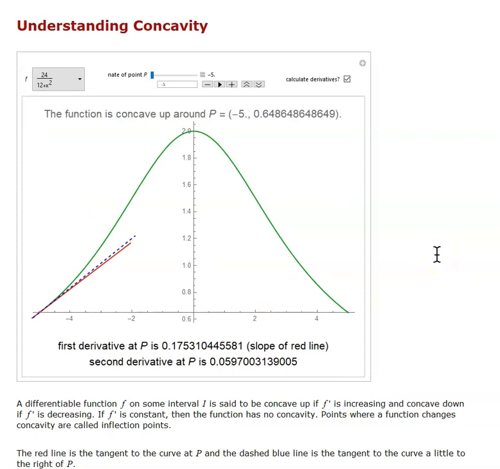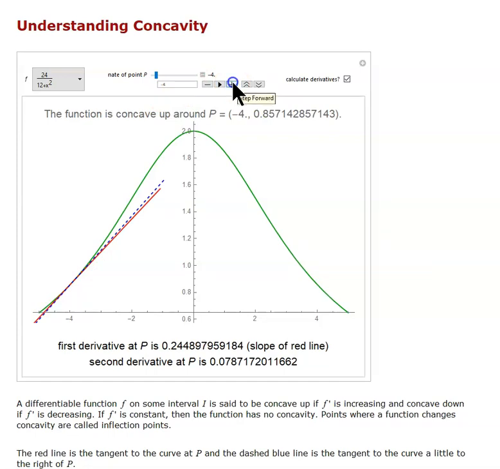So let's take a look at a second example. Here we have f of x is 24 over 12 plus x squared. And the process is the same here. You'll notice that while this shape appears to be a hill, if you will, or downward, this says that the function is concave up. So let's go ahead and step through this first.